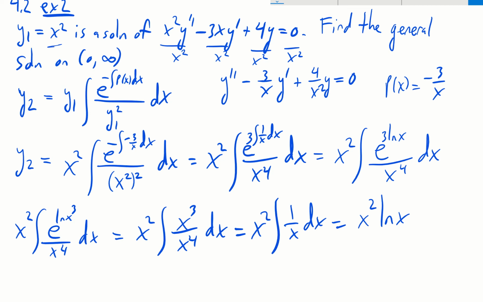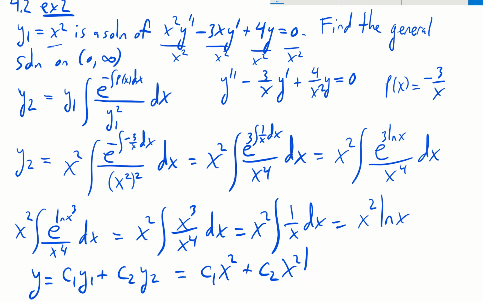So what we end up having is the following. The general solution should be found by taking our particular solutions, our y1 times some constant, plus c2 times our second solution, y2. So the general solution is going to be c1 times x squared, plus c2 times x squared natural log of x.